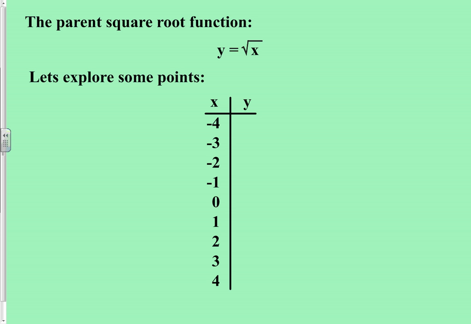Now, what we're going to do is explore some points. Back in the day when you did the plotting method, we were working on very simple type graphs, things like lines, where they were very predictable. So once you knew 2 or 3 points on a graph, you knew pretty much what the entire graph was going to do.